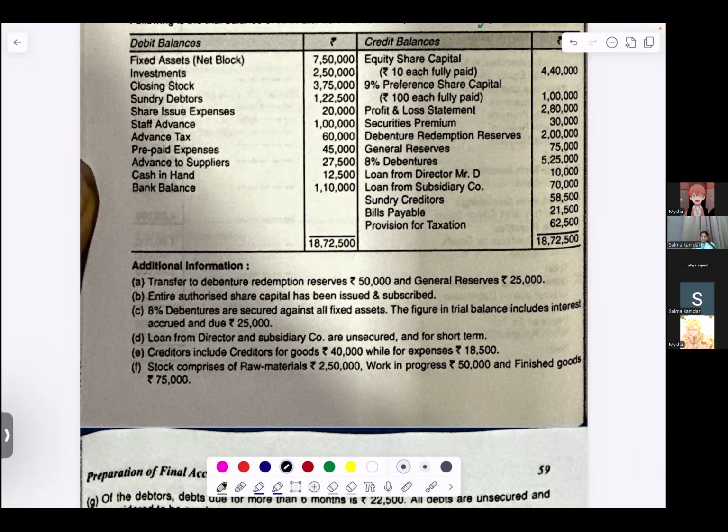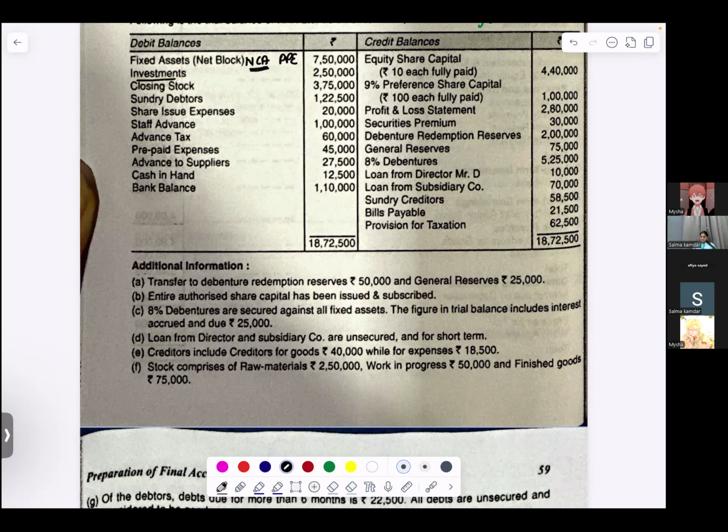Now debit side, where will it go? Fixed assets. Non-current asset. Where in non-current asset? Property, plant and equipment. Okay. This will go where?